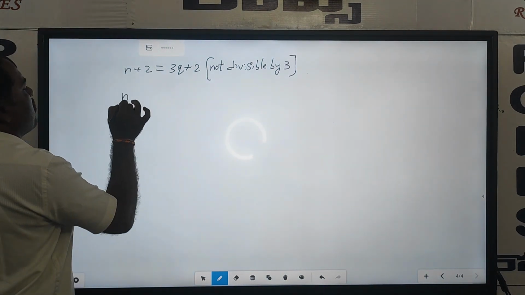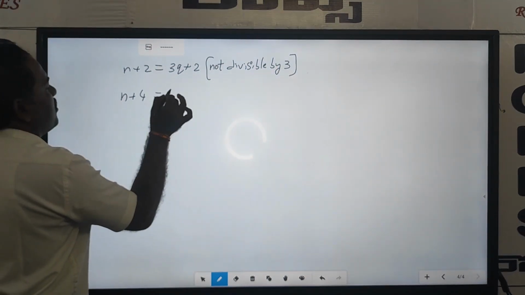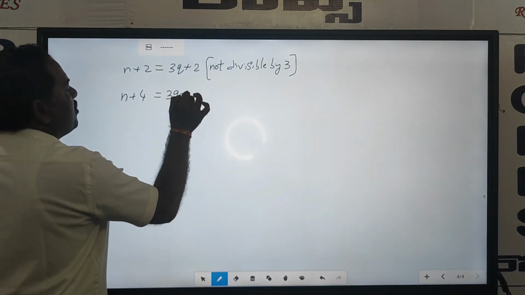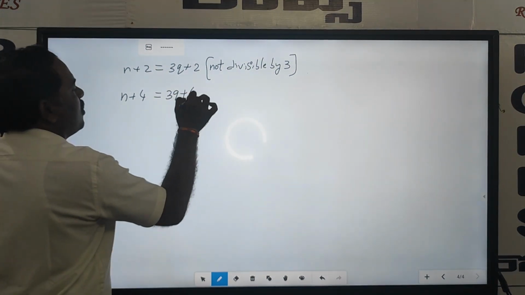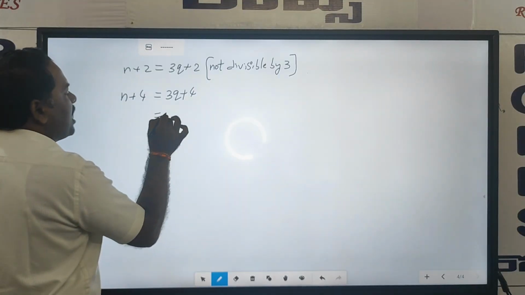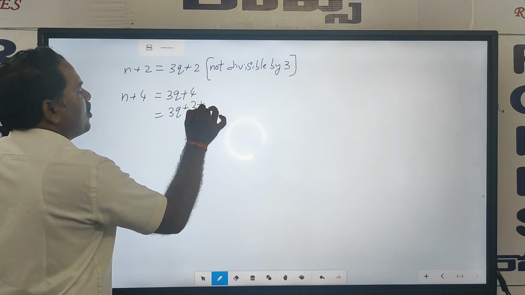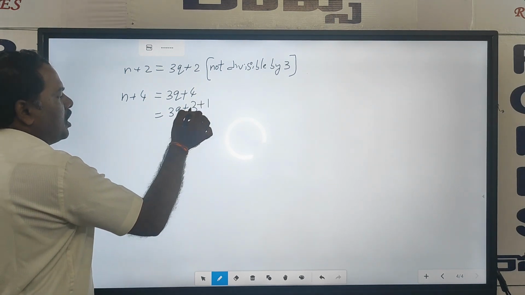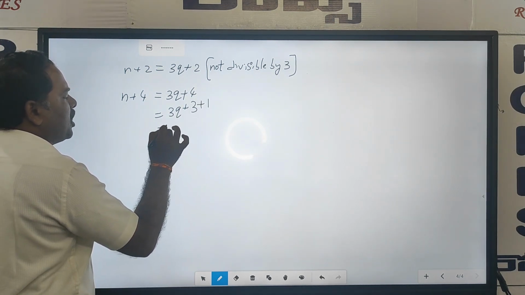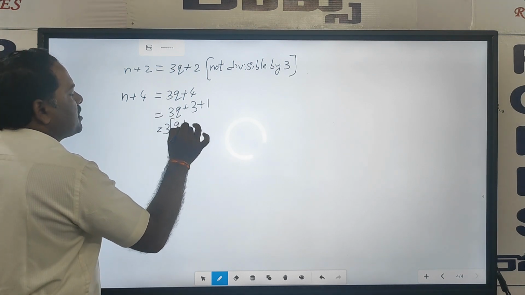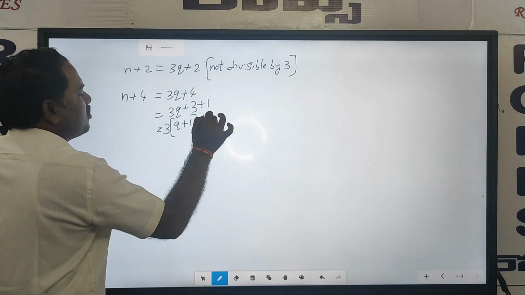Now what is n plus 4? Here the n value is 3q plus 4. Here 4 again we can write as 3q plus 3 plus 1. So in these two terms, 3 is common. Now if we take 3 common, q plus 1, plus 1.